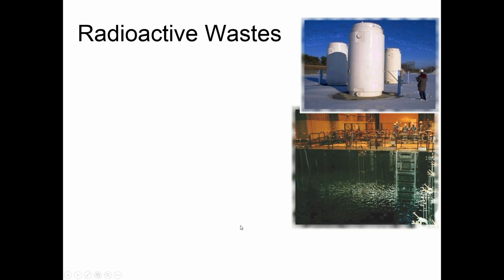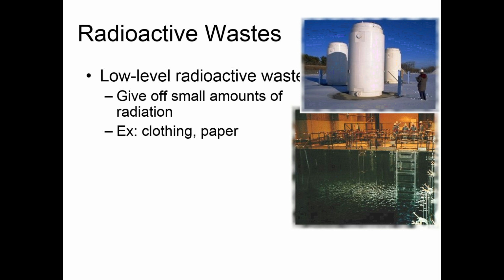Number 4, differentiate between the storage of low-level radioactive waste and high-level waste. Just to bring you back, and we're going to hit on this again in a second, we have radioactive waste, which, when we talk about nuclear power, is the #1 problem with nuclear power. So really it's the disposal of waste, and specifically high-level radioactive waste.